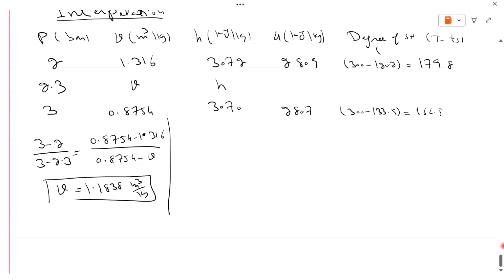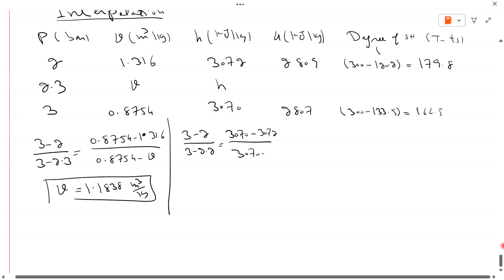Similarly, do interpolation at pressure and enthalpy. So third minus first, 3 minus 2, divided by third minus second, is equal to third minus first divided by third minus second, where the first value of enthalpy is 3072 and the second value is H. So find enthalpy.